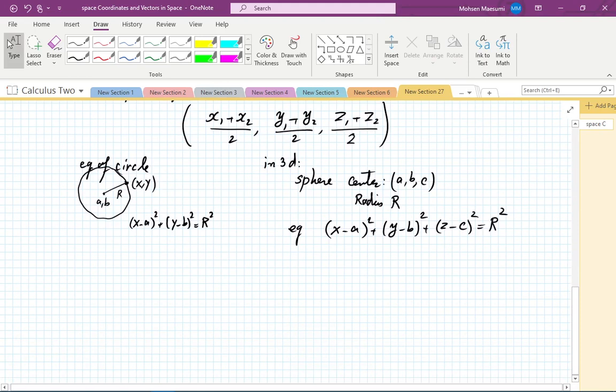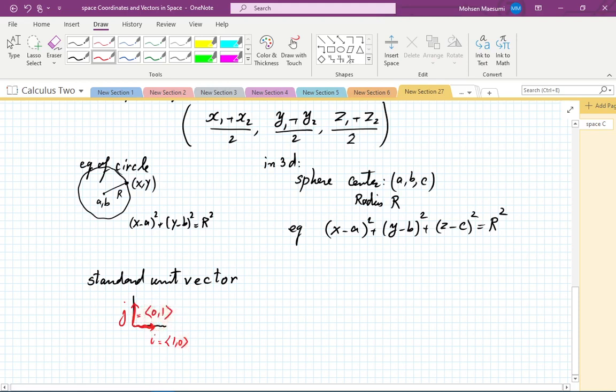We had talked about standard unit vectors before. Standard unit vectors in 2 dimensions, we had called these things i and j. So these were the 2 vectors. In that setting, this was (1, 0), and this was (0, 1).